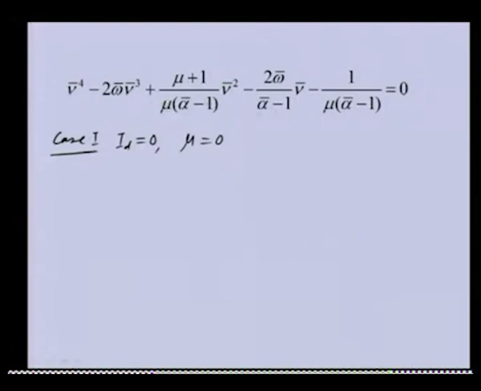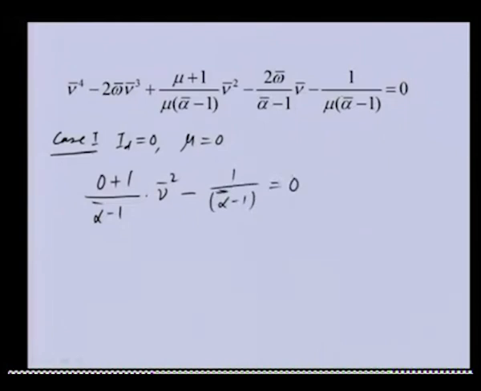So, this and this term will vanish. From the second term we will get 0 plus, from the third term we will get 0 minus α1 ν̄², and from this expression this will vanish because it will get multiplied by this μ. So, the last term will give us ν̄² − 1 equal to 0.